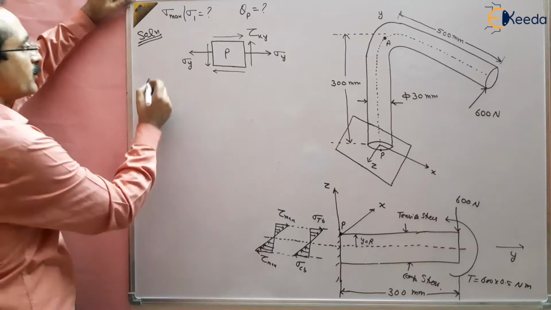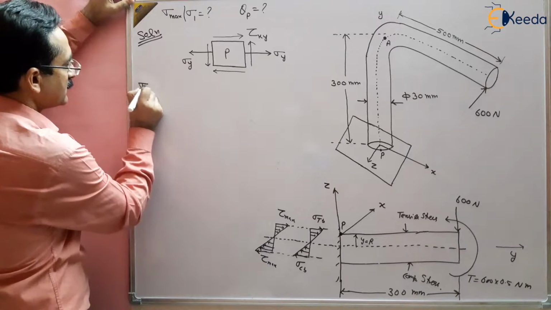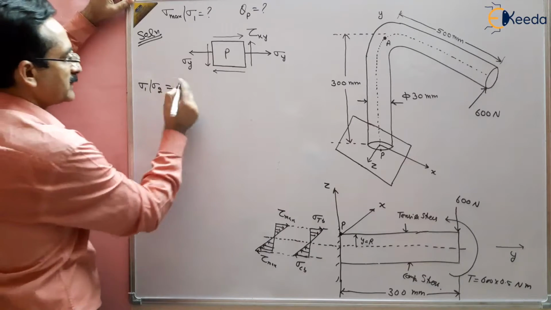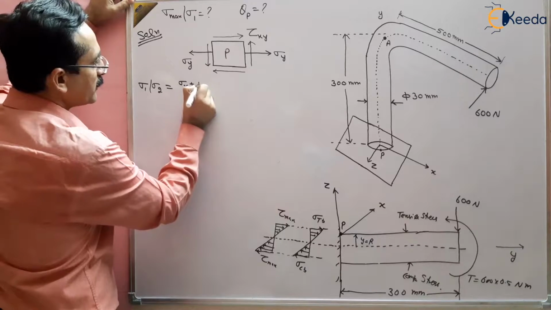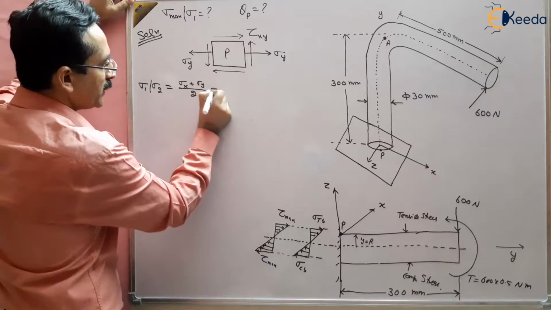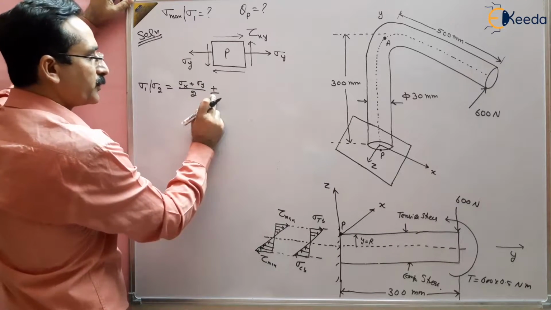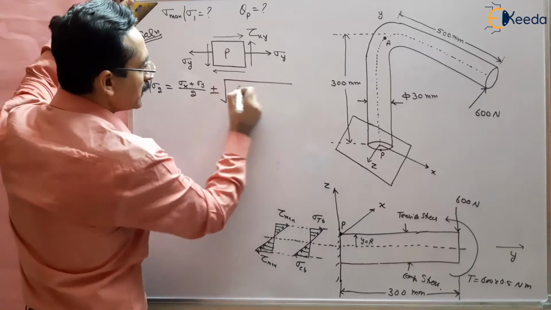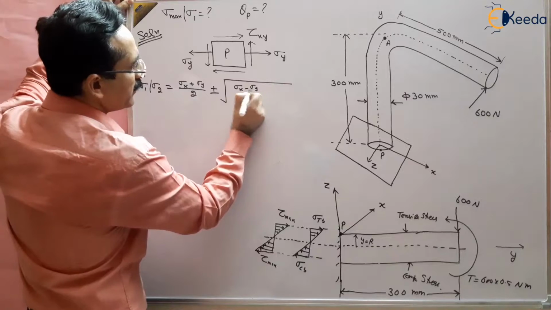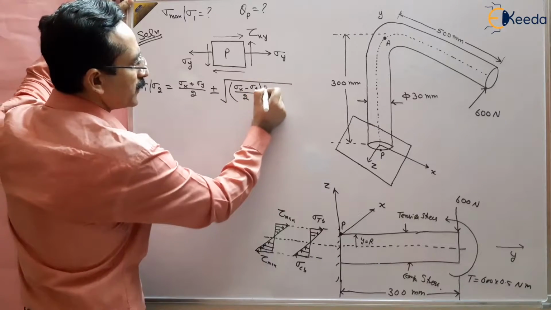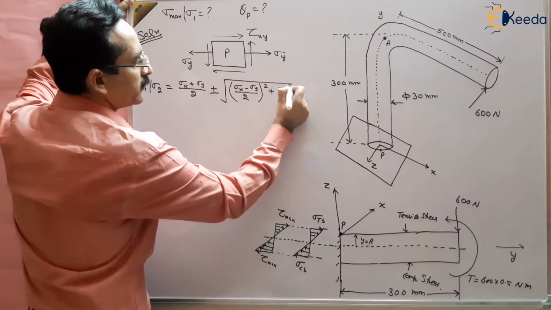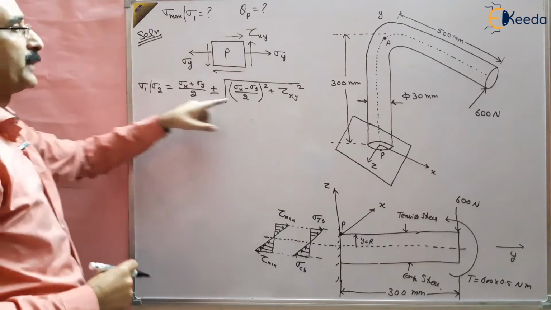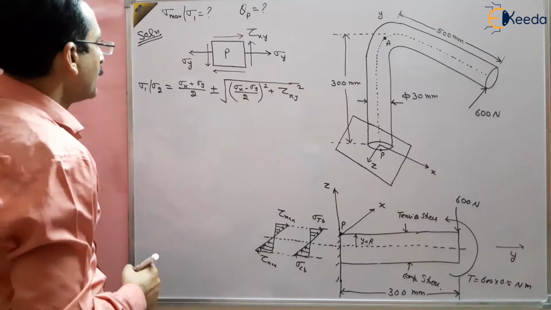What is the formula for principal stresses? Sigma 1, sigma 2, the maximum and minimum principal stresses, are given by sigma x plus sigma y by 2, plus or minus the root of sigma x minus sigma y by 2 whole square plus tau square. Plus is used for the maximum stress and minus for the minimum stress.